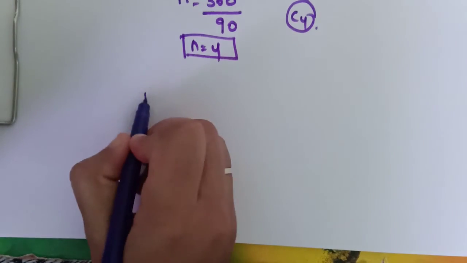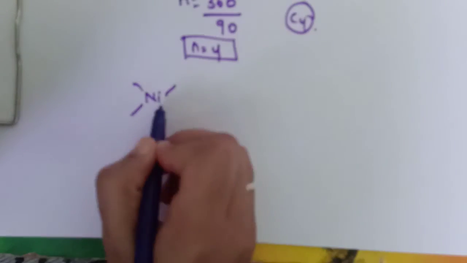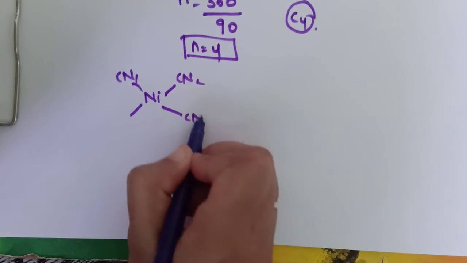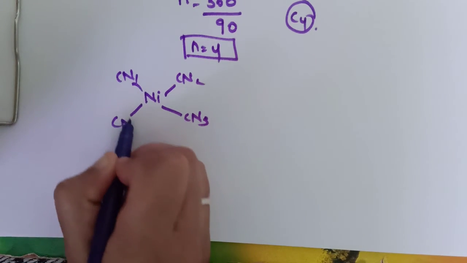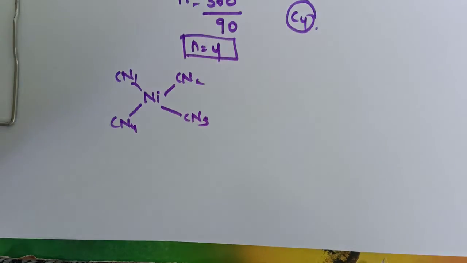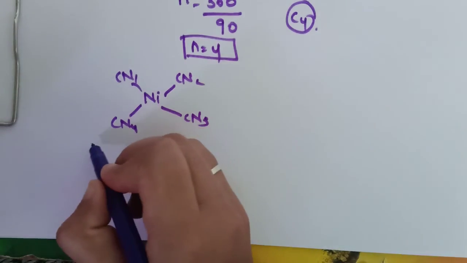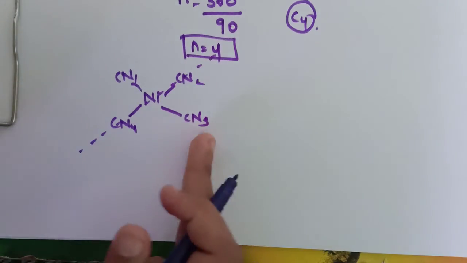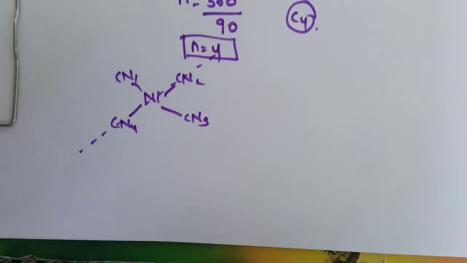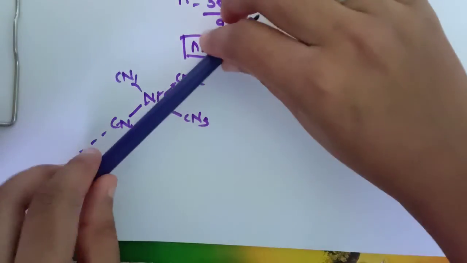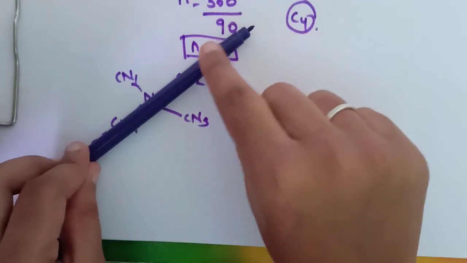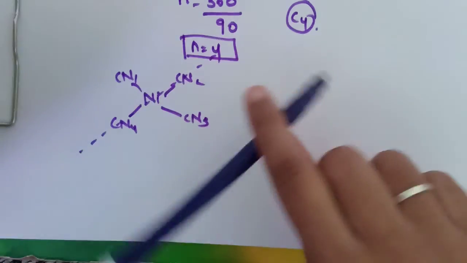See here, once again I will write it. It is CN1, CN2, CN3 and CN4. Here you can see, if I pass the imaginary axis, it is dividing the molecule into 2 equal halves. See here, these are kept constant. That means they are only revolving around their own axis.